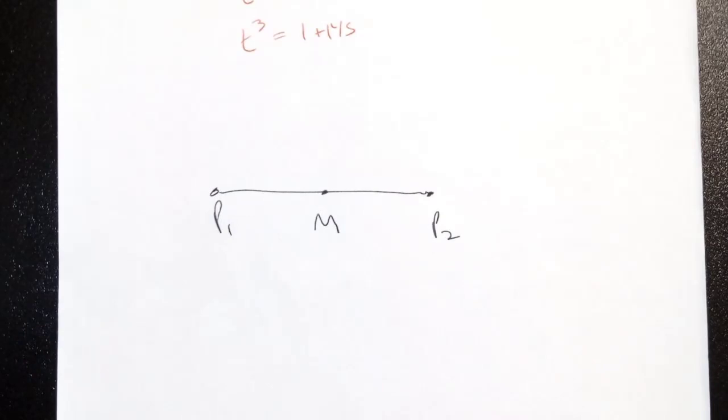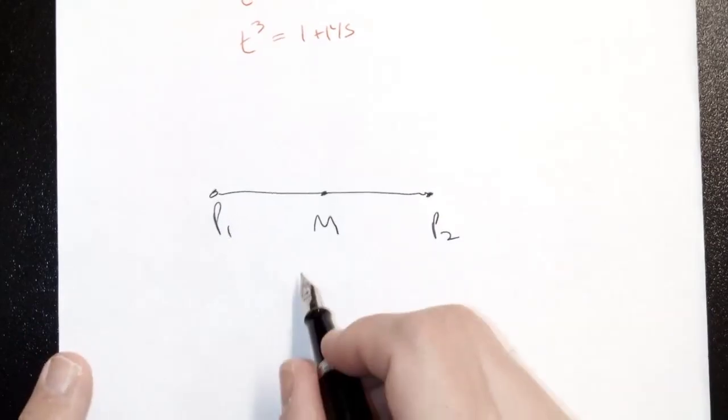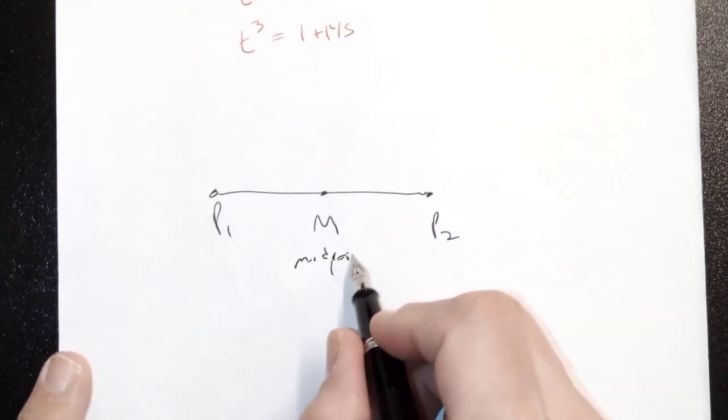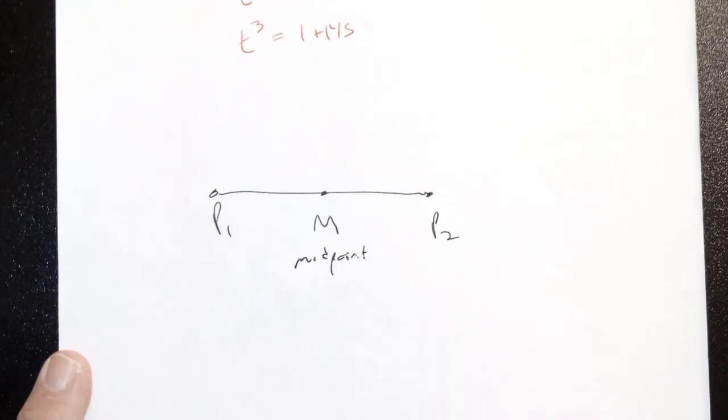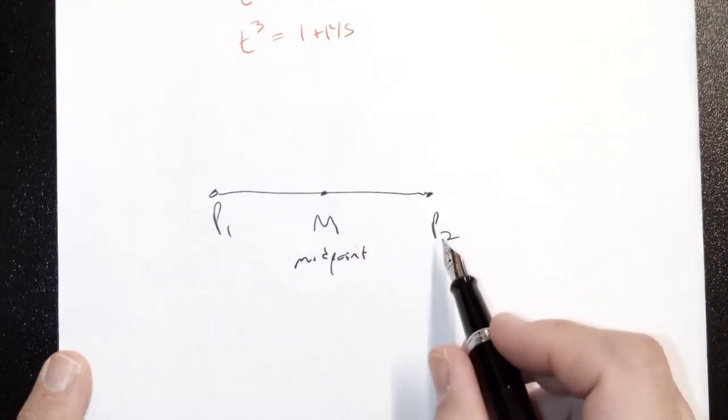There are lots of ways to do this. Take the middle, add them together, divide by 2. I could also think about the line segment between them, right?